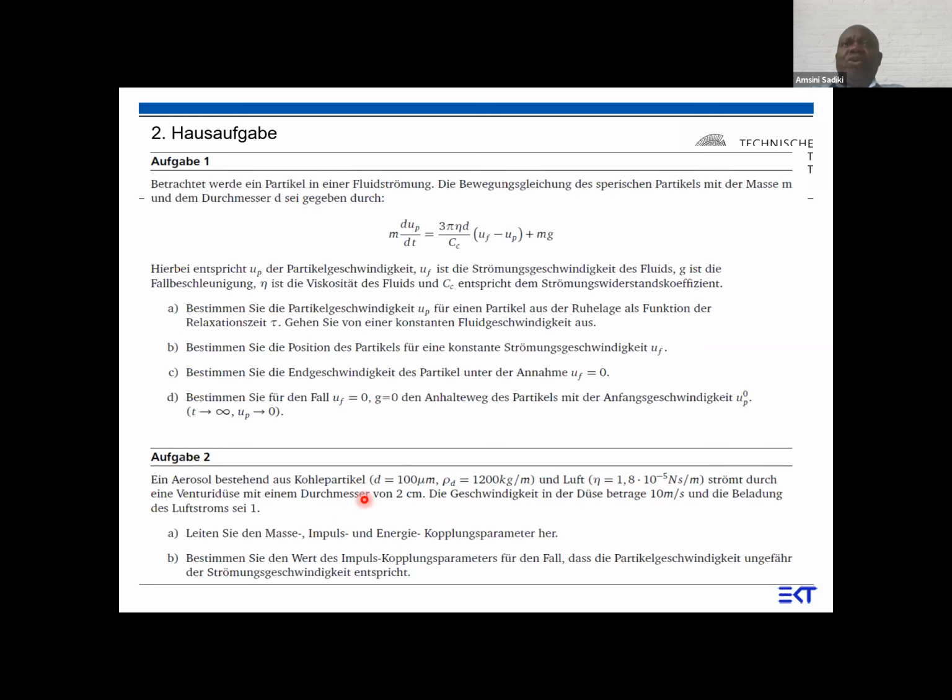And we say that this aerosol and air are flowing through a channel with this diameter here, and the velocity of the flow is almost 10 meters per second. And we say that the loading is given, it is equal to 1.